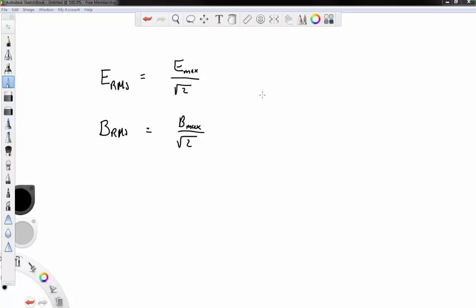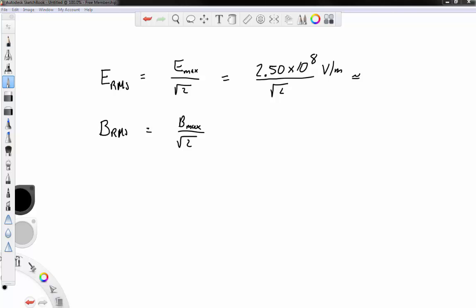Well, from before I'd already written up here this pair of equations, and so for the E field strength, it should be basically E max, given by the 250 megavolts per meter, so 2.50 times 10 to the 8 volts per meter, and then that's divided by the square root of 2.